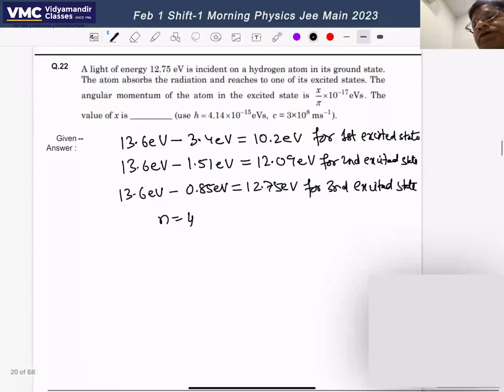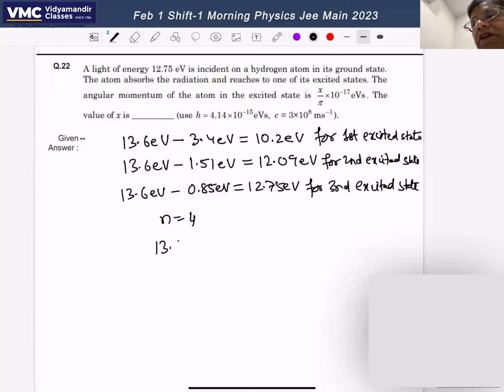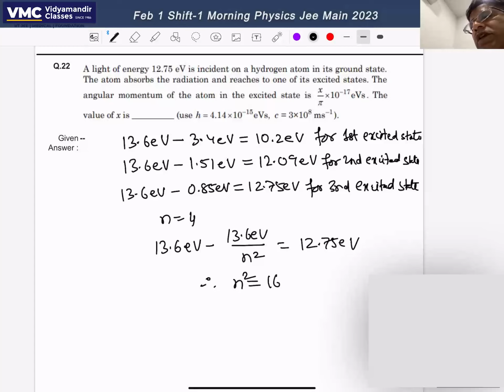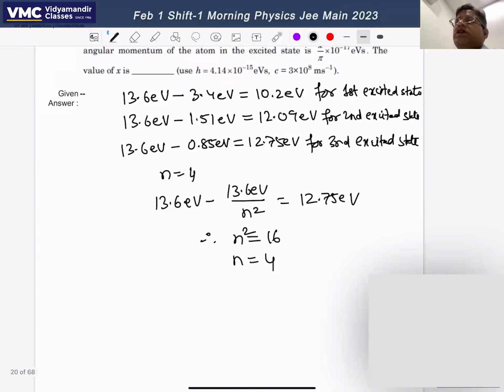So n will be 4. Or we can solve it by just 13.6 electron volt minus 13.6 electron volt by n squared. The difference should be 12.75 electron volt. From here, we get n squared is 16 and n equals 4. So this is the third excited state, that is n equal to 4.